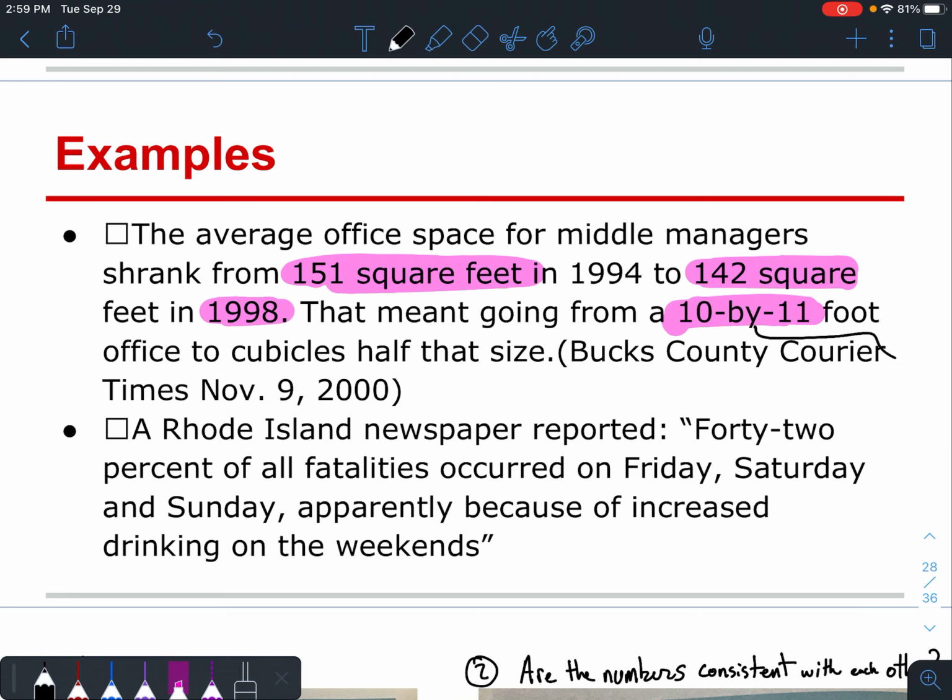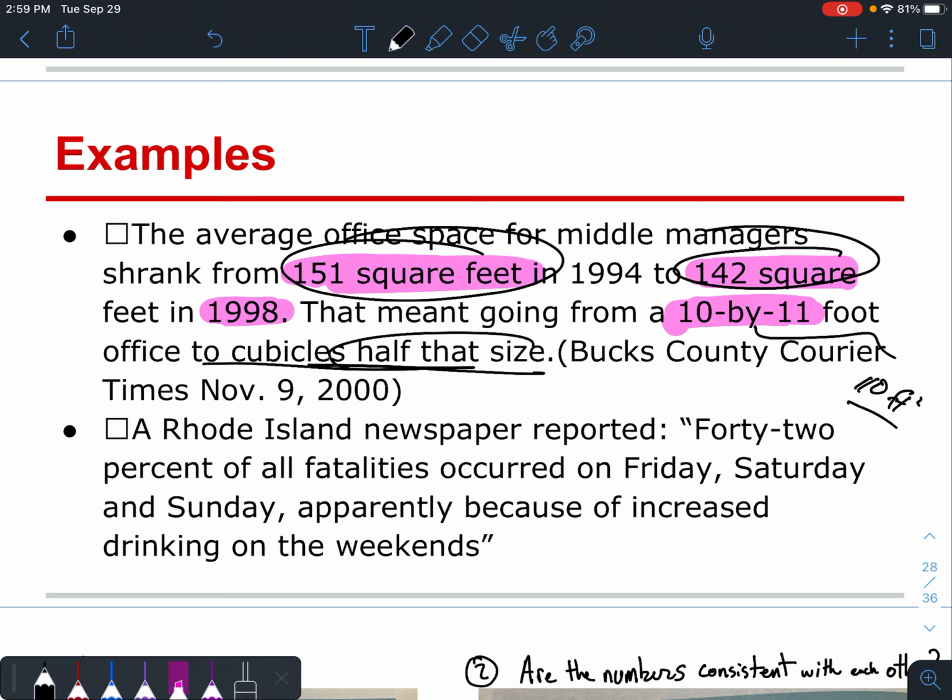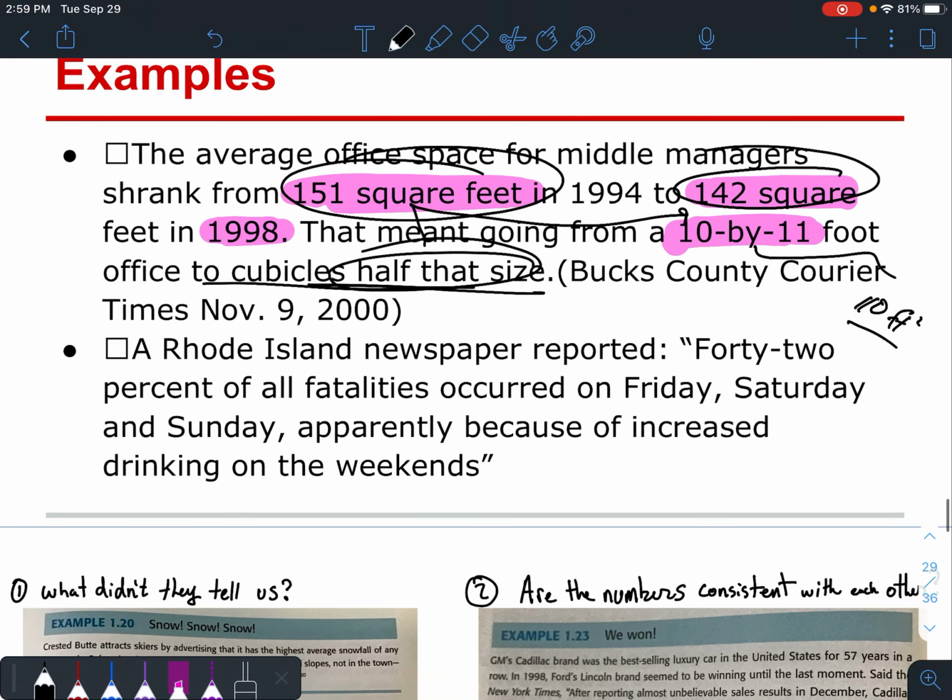Well, if you do the math, a 10 by 11 cubicle is going to be 110 square feet. So there's just not a lot that's right about this. And then to cubicles half that size, you're going from 151 to 142. So it's riddled with inaccuracies.